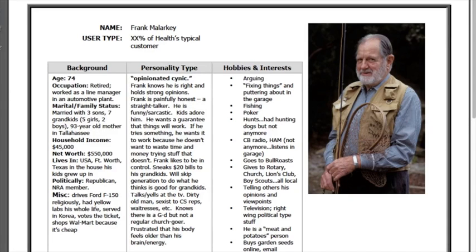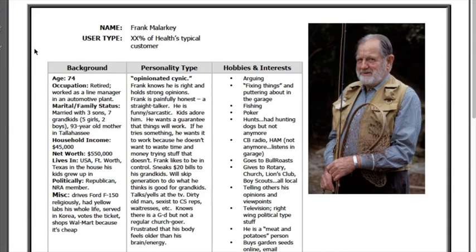So let's take a look through this because it's kind of fun. And boy, you can see the difference it could make in your copywriting if you had this kind of background on the prospect you're writing for. So this is Frank Malarkey, and he's aptly named because, as they say here in the middle column, he's an opinionated cynic. And he's the perfect example of the Agora Health Publishing side of things, their typical customer.